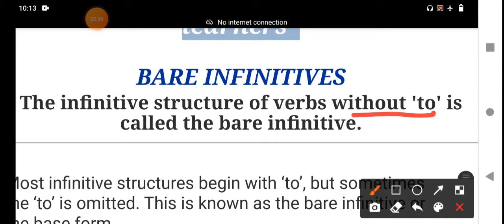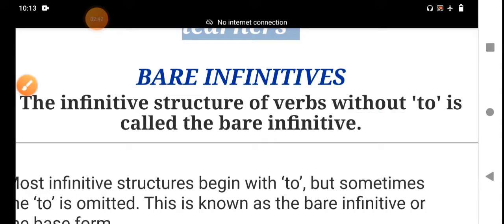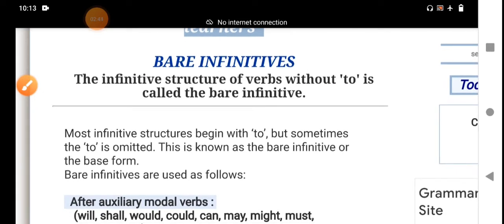The definition, the introduction of the bare infinitive is, most infinitive structures begin with to, that means to infinitive, but sometimes the to is omitted or dropped. This is known as the bare infinitive or the base form.